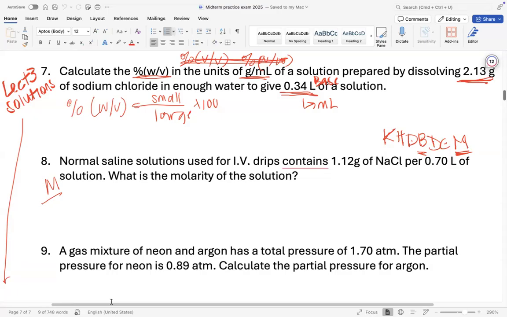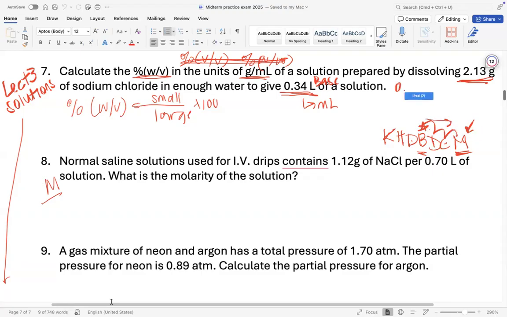So we want to get here, and right now we're here. If we bunny hop 1, 2, 3, we had to bunny hop 3 places, which means I'm going to move the decimal to the right 3 places since I bunny hopped to the right.